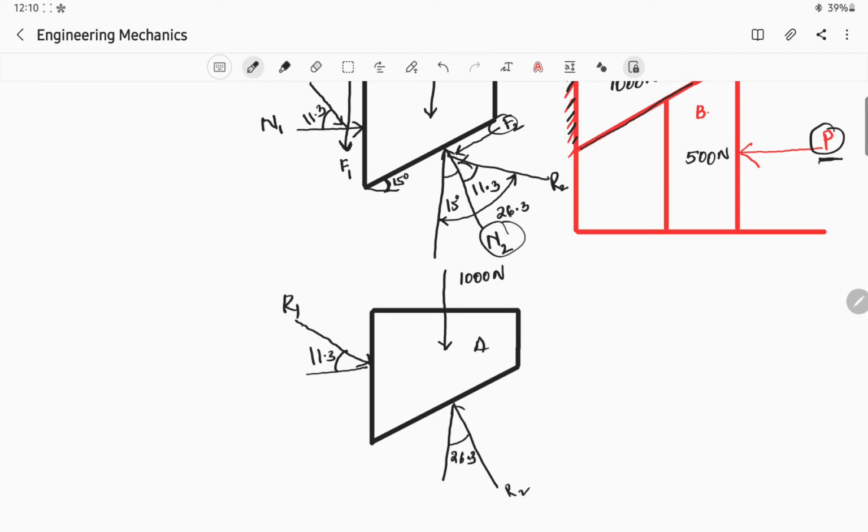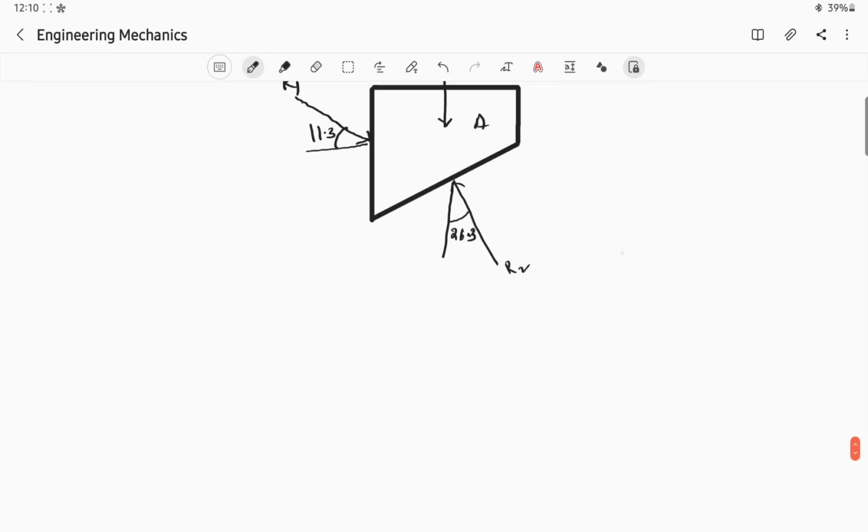If there are only three forces acting, we can calculate R1 and R2 with the help of one theorem, that is Lami's theorem, isn't it? So I'll take down Lami's theorem here. I'll draw the x and y axes first.